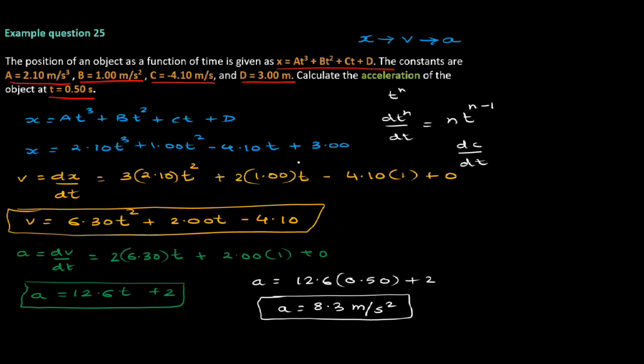Constants like 3 over here or 4.10 over here, which are not multiplied by time t, the derivative of any such constant will be 0. And the derivative of just t, where the power of t is 1, dt over dt is equal to 1. So remember these three things while taking derivatives to find either velocity or acceleration.